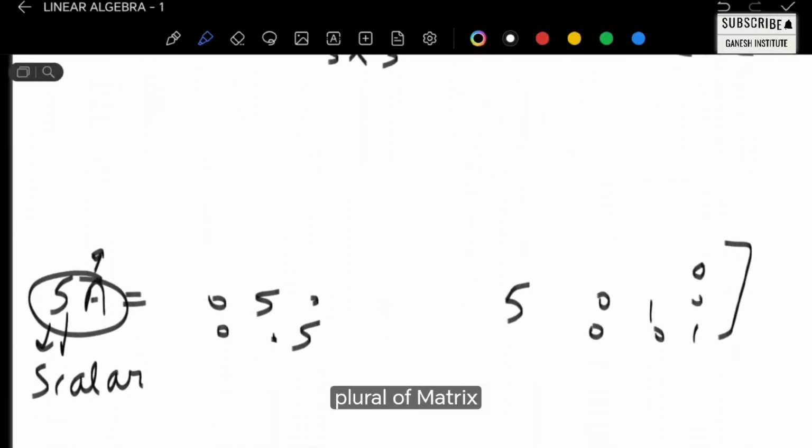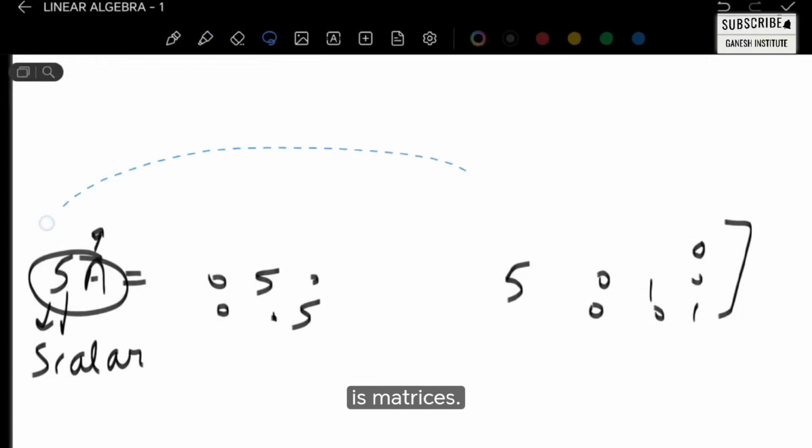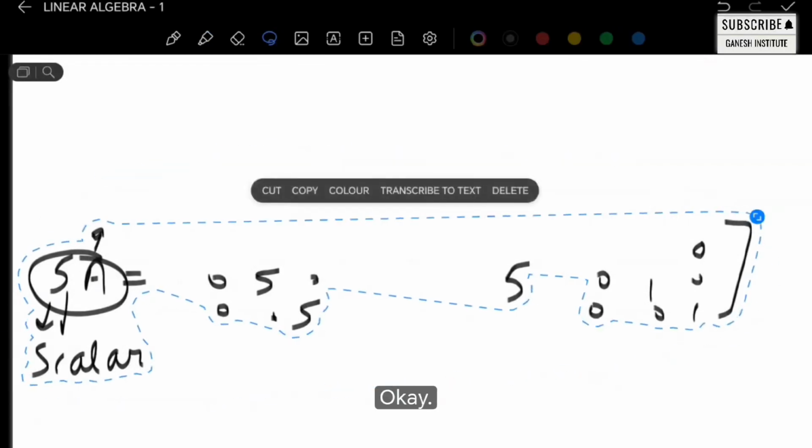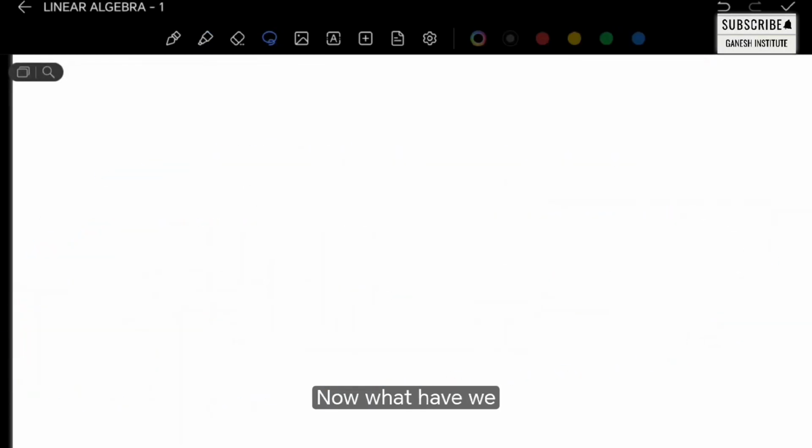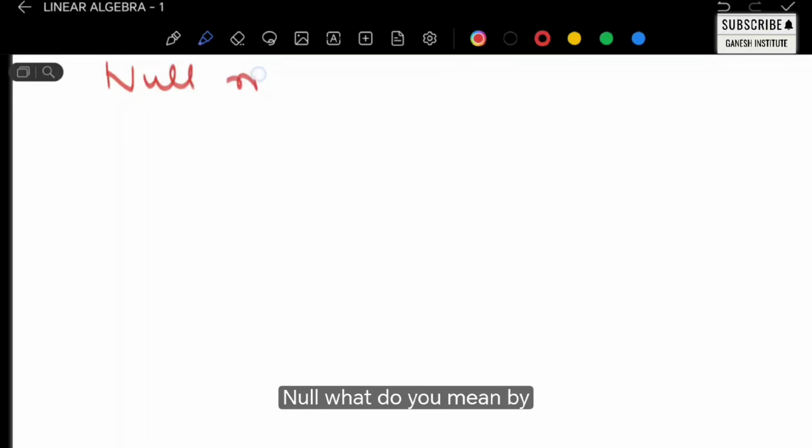So the plural of matrix is matrices. Okay. Now what have we got? Null matrix. What do you mean by null? No value, right?